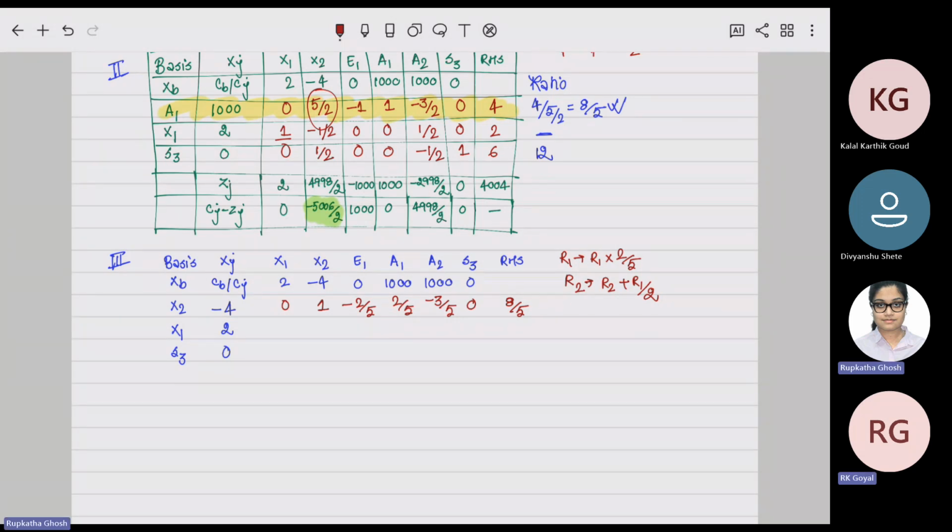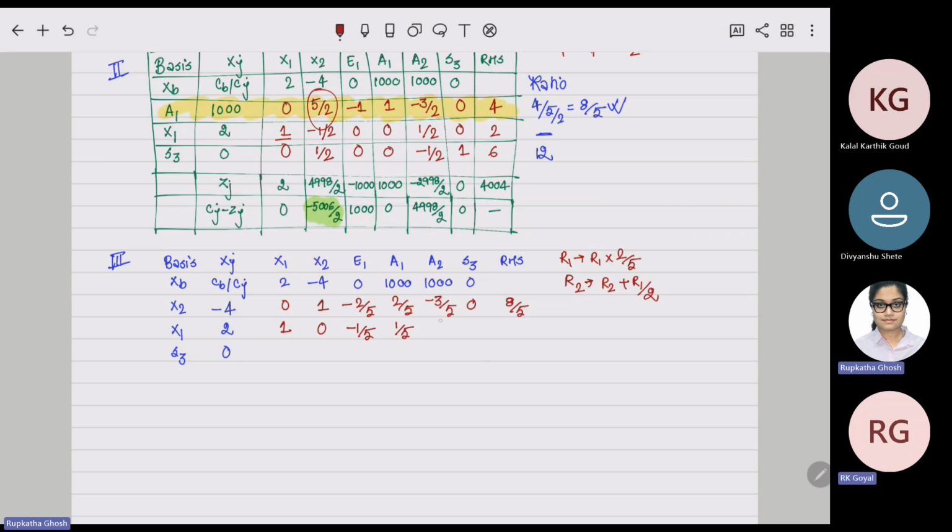So then this will become 1 minus half plus half, 0, 0, minus of minus 2 by 5 into half. So 0 plus minus 2 by 5, so this will be minus 1 by 5. This will be 0, 1 by 5.